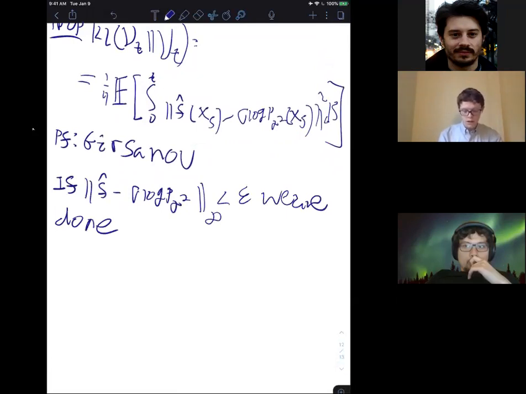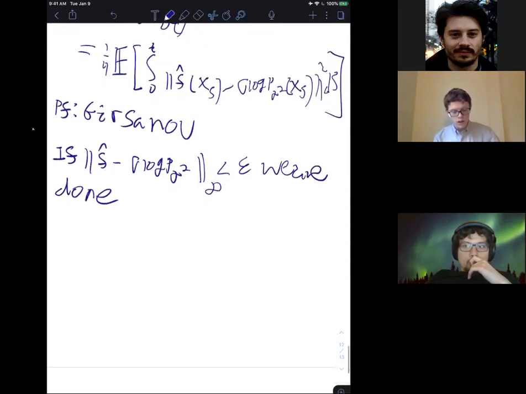But the problem is that we know this L2 is small, but it's L2 with respect to p sigma squared rather than L2 with respect to nu s or nu t or anything. So we really don't have a huge amount of control on this quantity here.